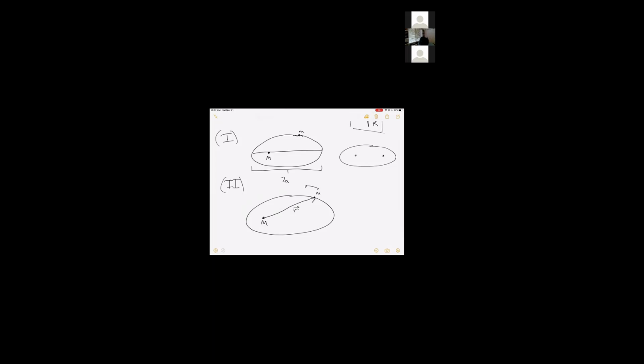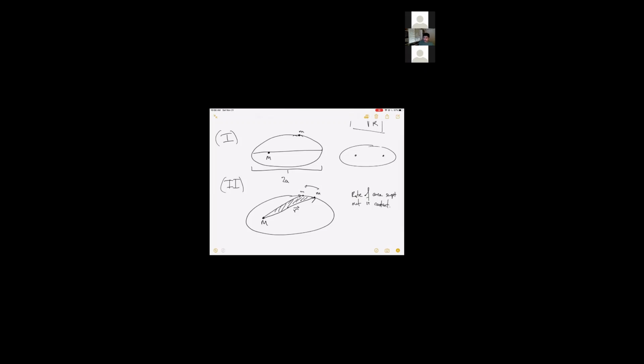If you move from here to now here, then it swept out this much area. And Kepler's second law is saying that the rate of area swept out is constant.